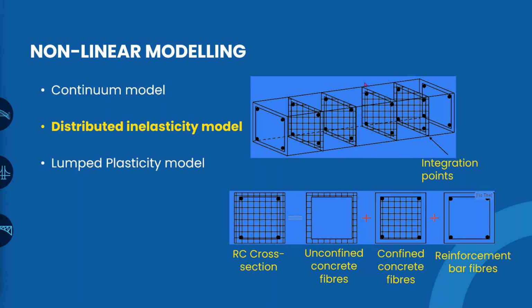So the computation of the moment and the curvature will take place at the integration points. This is a modification that we are making to the continuum model to reduce the amount of time and reduce the amount of results which are generated.